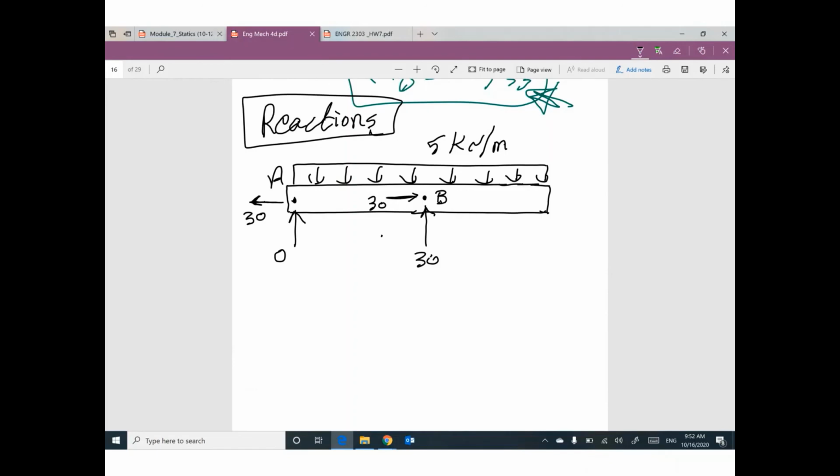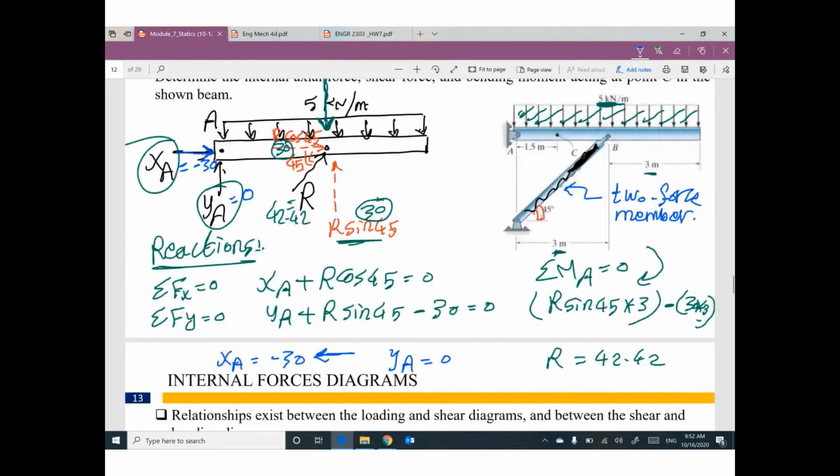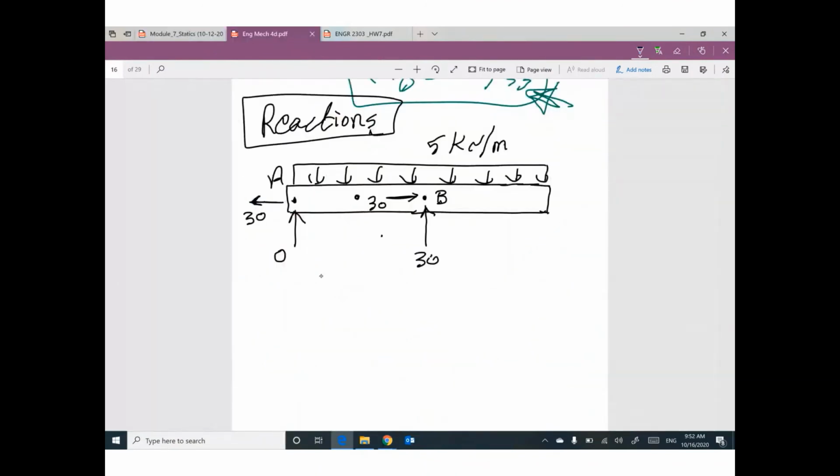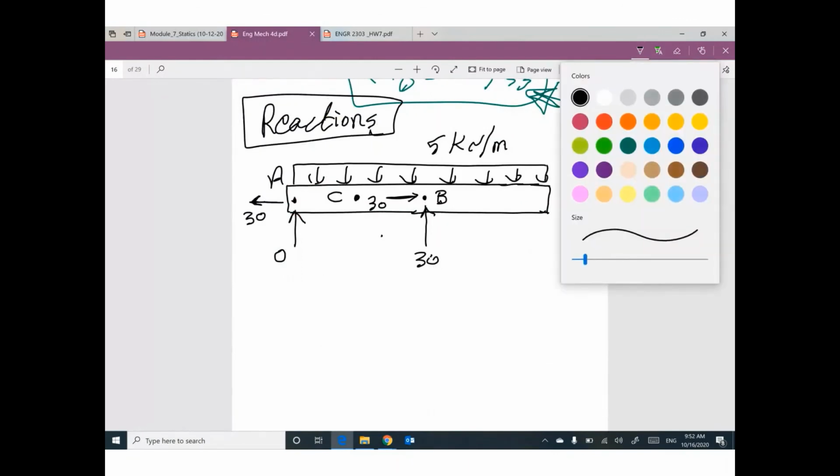I didn't read the problem. Okay, go back and read the problem. We are looking for axial force N, shear force V, bending moment M at point C. Here is point C. What should I do in the next step?